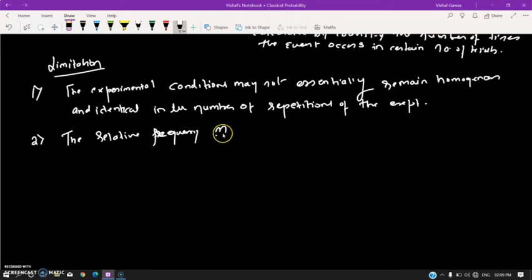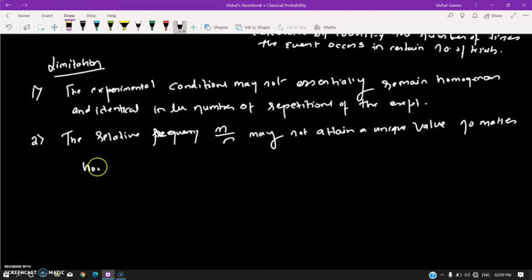frequency m by n may not attain a unique value, no matter however large n may be. What happens in this kind of probability is you cannot always have a unique value, right?